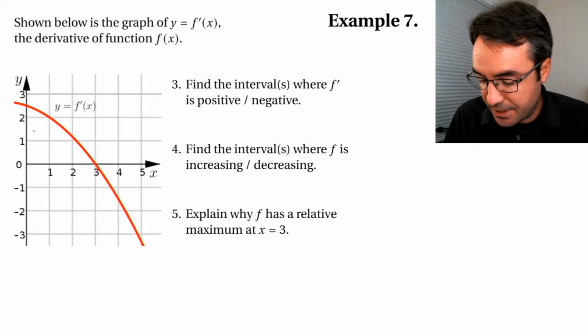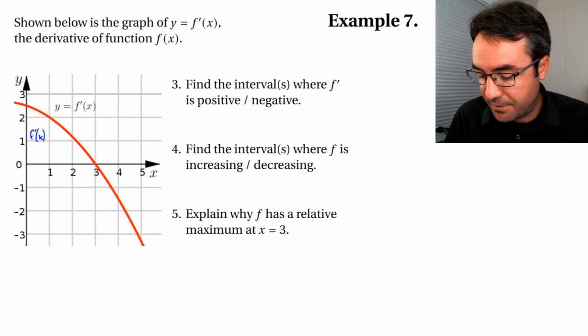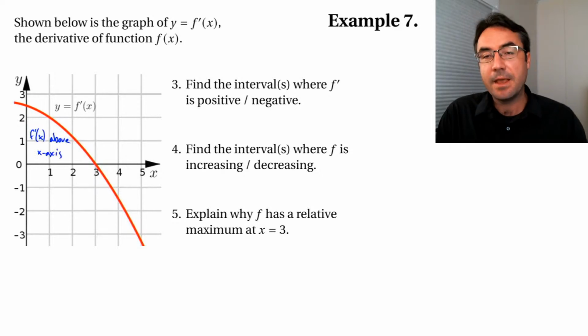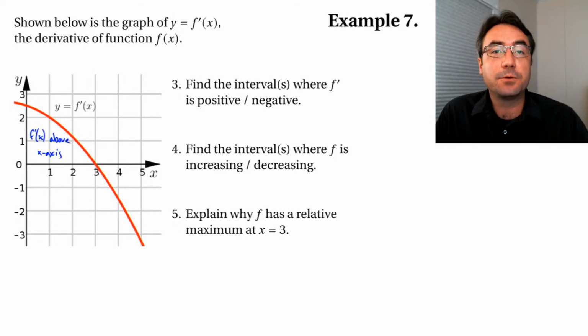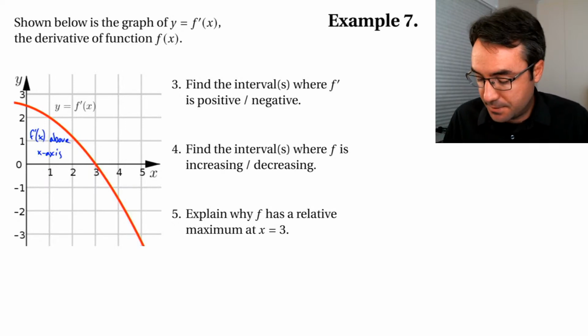So that's what we're seeing here. On this section of the graph, f prime is above the x-axis. And then f prime is negative when the graph goes below the x-axis. That's what we're seeing over here. The graph goes below the x-axis.